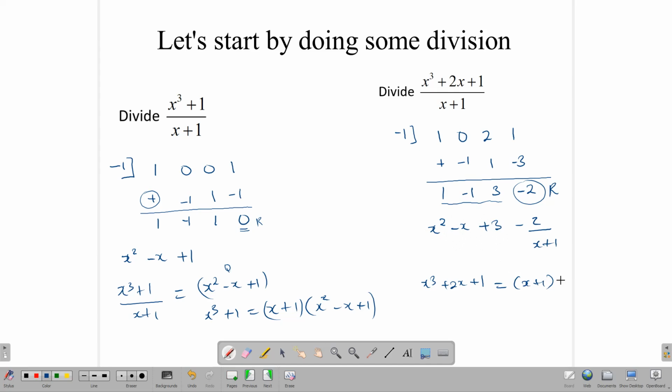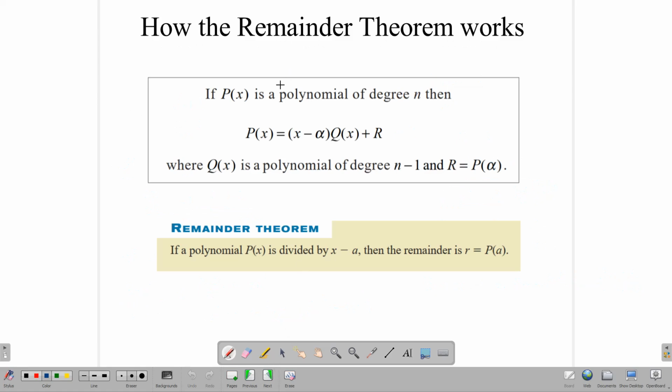Our quotient is this, x squared minus x plus 3, and plus our remainder. So sometimes it happens that way. The divisor times the quotient plus the remainder. And essentially that's what the remainder theorem deals with and how it works.